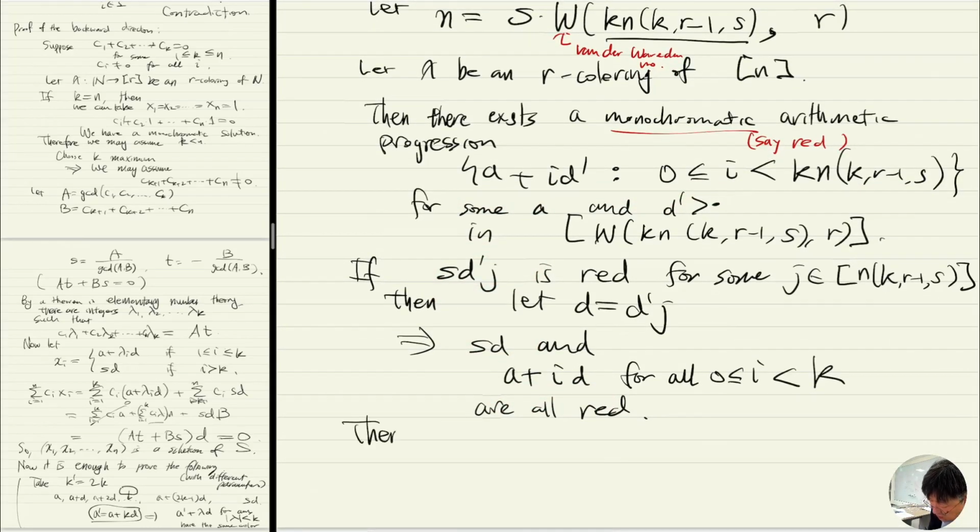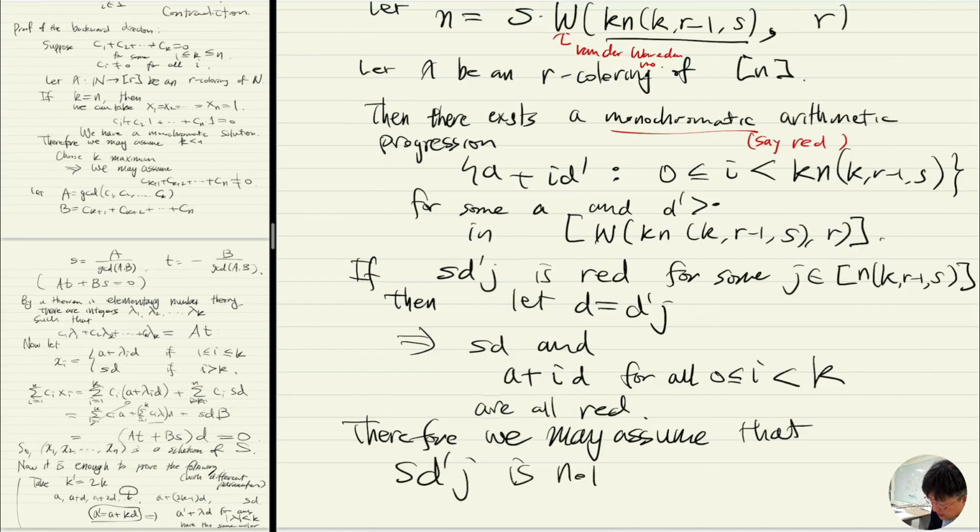So therefore, we may assume that s times d prime times j is not red for all j here.